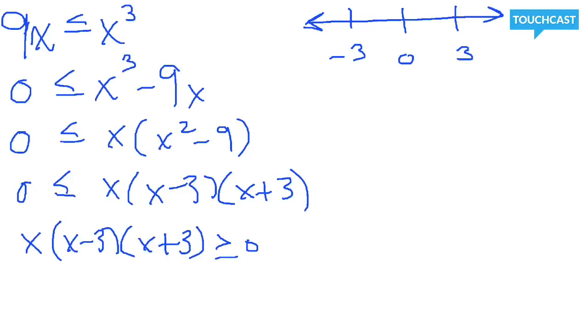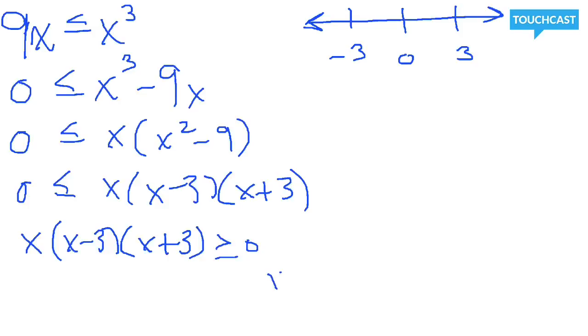Repeated roots take a touch extra work, and they show up on the AP test every year. But when you don't have any repeated roots, if you can figure out whether one section of your number line is positive or negative, then the other sections are going to alternate. So we can test them all out.